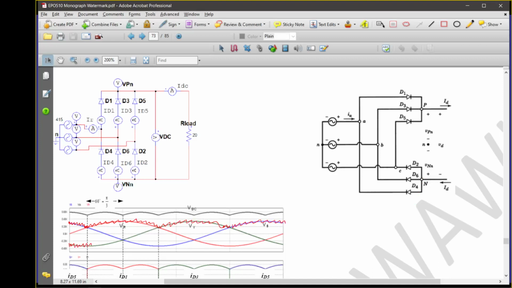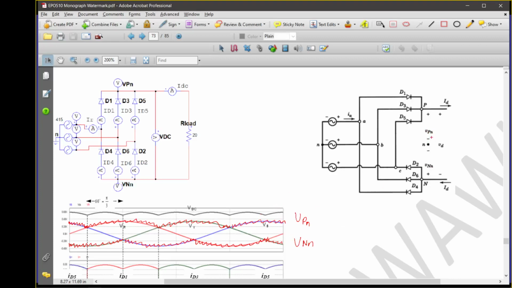So this is your negative VNN with respect to N neutral point. So that is the voltage VNN. Right, so this is VPN, small letter, and this is VNN. Okay, so that is the waveform for VPN and VNN.